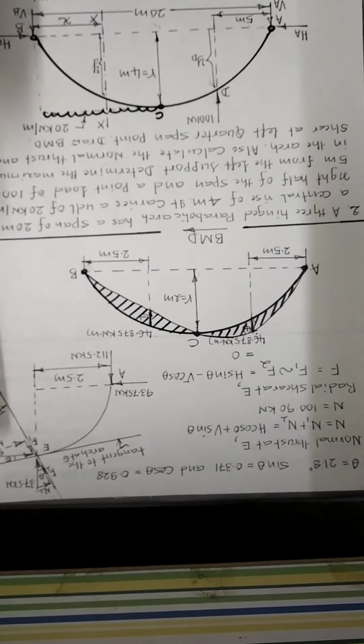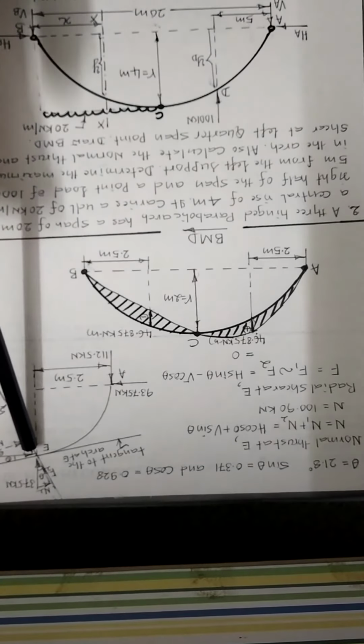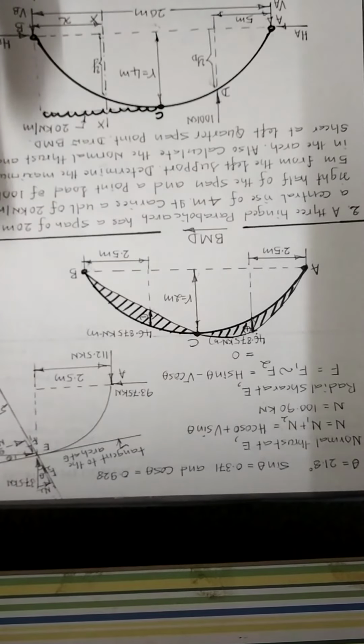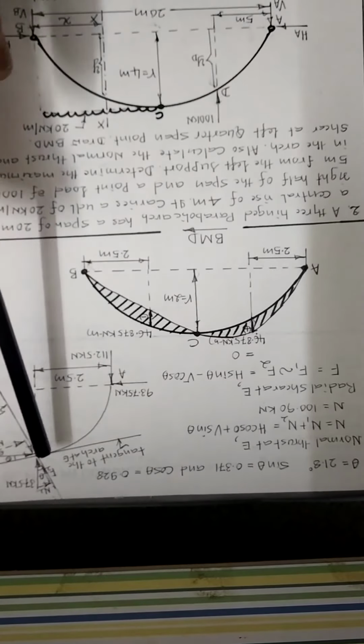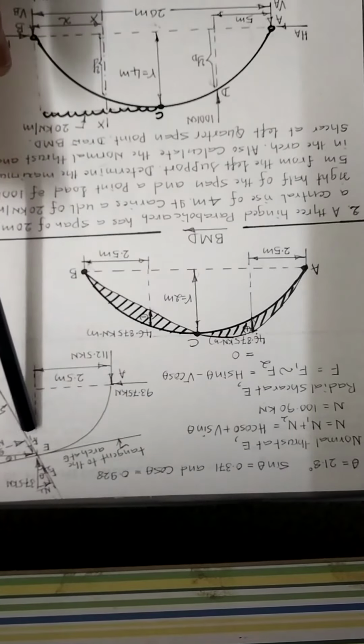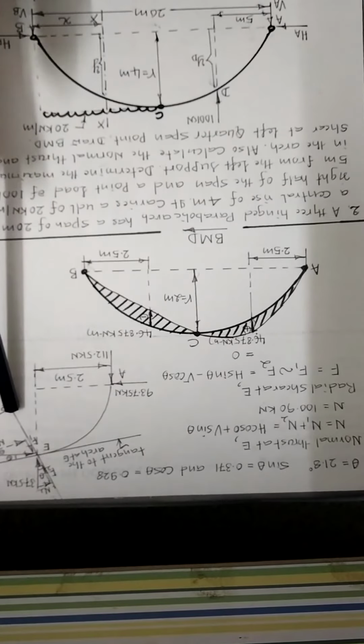Well, here to calculate the normal thrust developed at the point E and radial shear developed at the point E, we have to resolve this horizontal thrust into two components in two mutually perpendicular directions, namely N1 and F1. N1 is parallel to the tangential direction, F1 is parallel to the radial section taken.